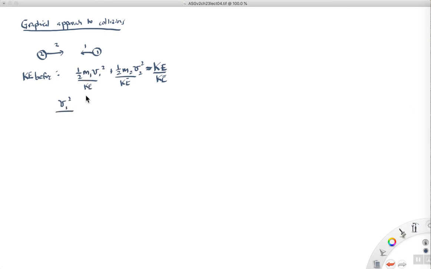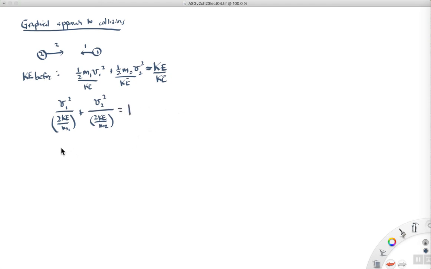So divide everywhere through by the kinetic energy, and then rewrite this as v1 squared over 2 times the kinetic energy over mass 1, plus, you'll see why I'm doing this in a moment, v2 squared over 2 times the kinetic energy over mass 2, equals 1. Okay?